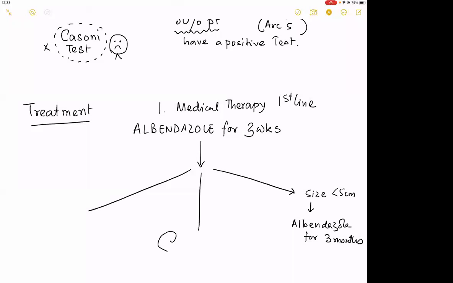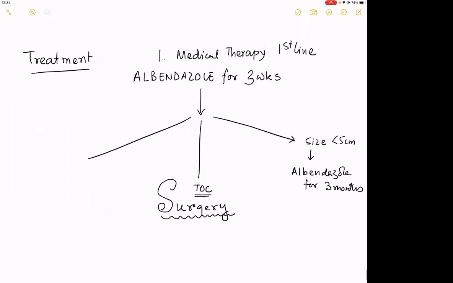The treatment of choice is surgery, and hence I am teaching you. The gold standard treatment is always surgery. In special circumstances, you are not going to tell this in exam. This is a line that you are not going to cross in a viva exam.